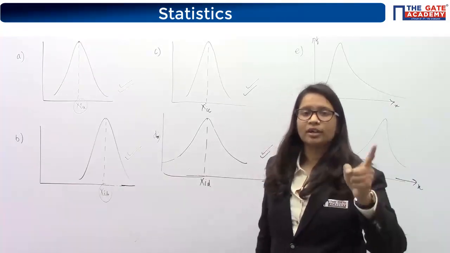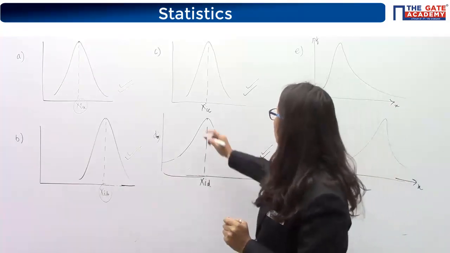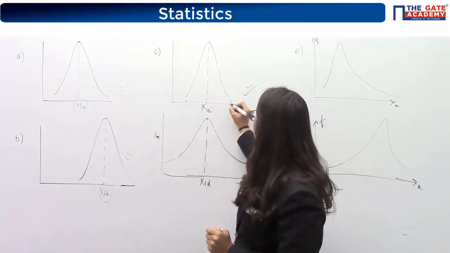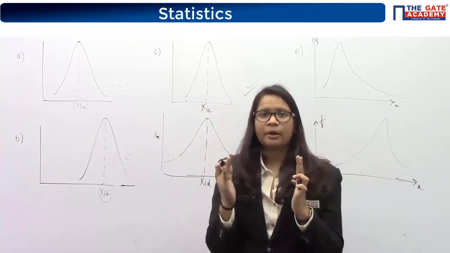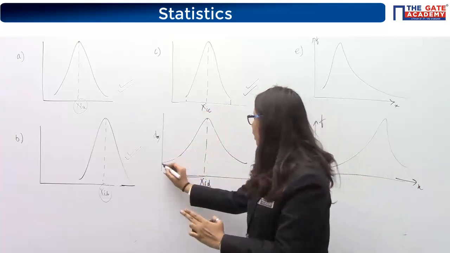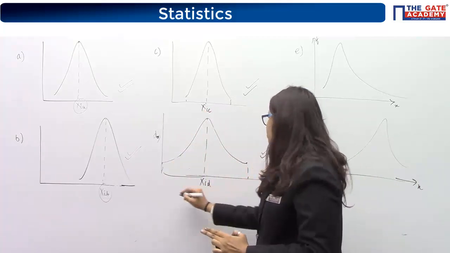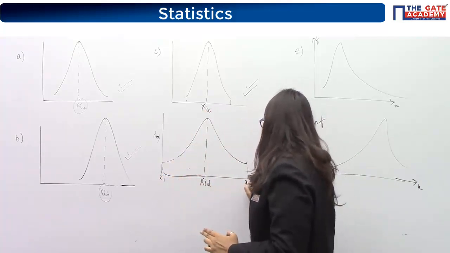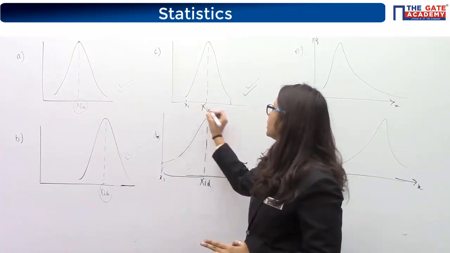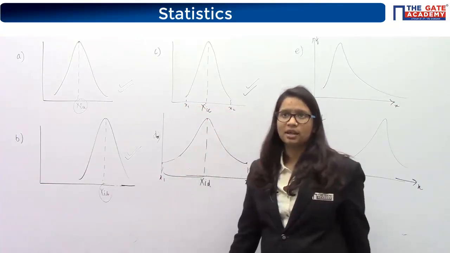And if I ask you what is the difference, then you will say that, ma'am, this graph is closely packed and this graph is widely spread. This graph is spread from this x1 value to x2 value, while this x1 and x2 is very, very less. Yes or no?